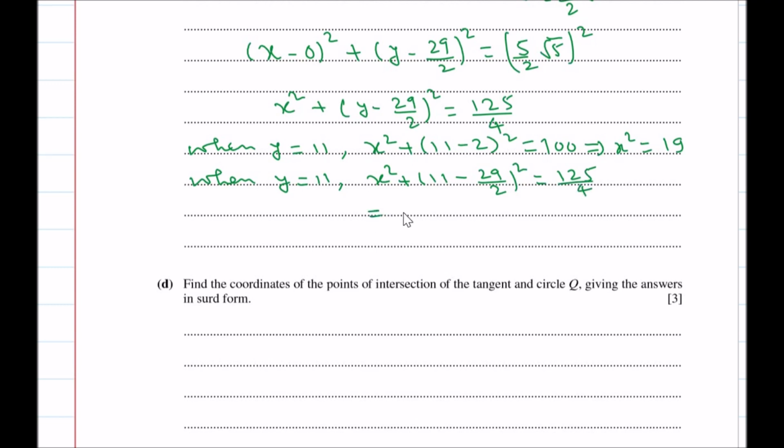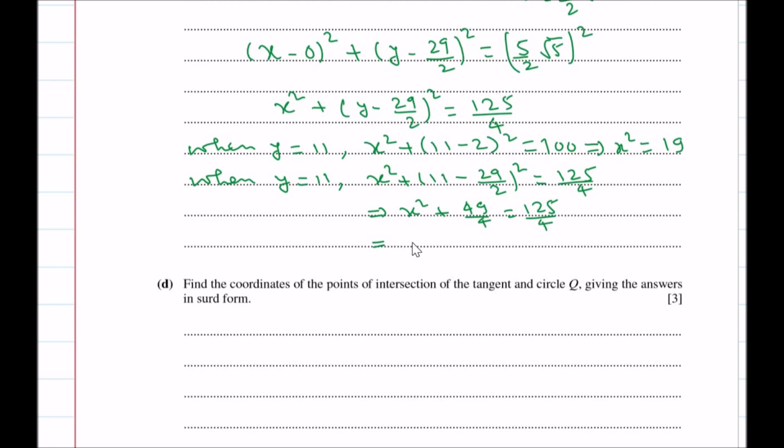So this implies that x square plus 49 by 4 is equal to 125 by 4.